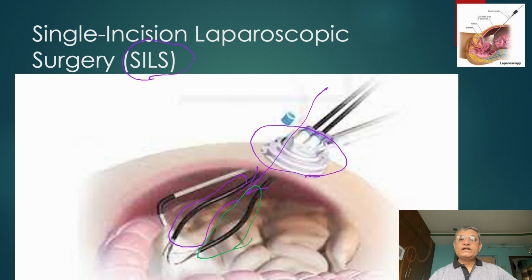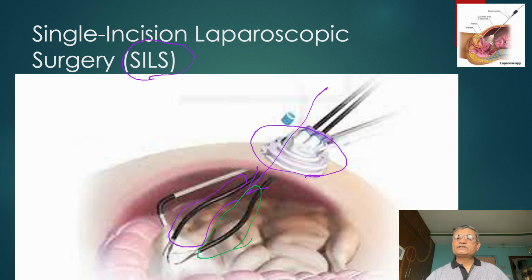The primary advantage of SILS is that it further minimizes the surgical trauma. Why? Because the incision number is less. When the surgical trauma is less, the postoperative pain is also less, there is faster recovery time, and there is improved cosmetic results.